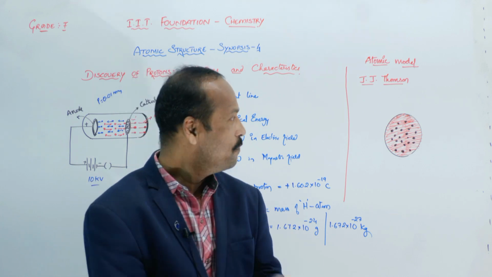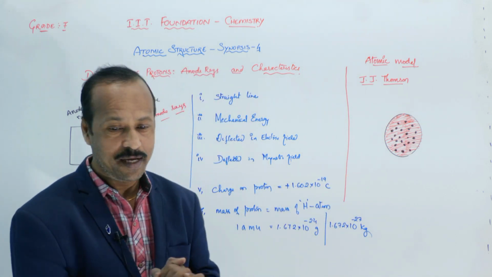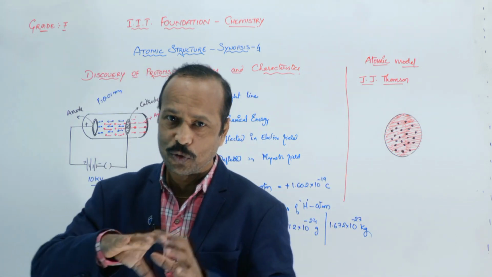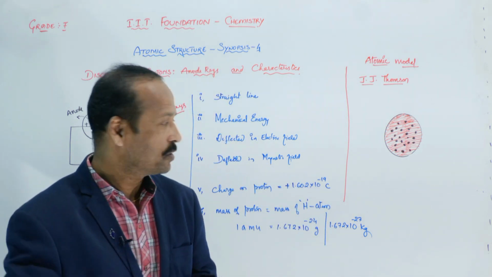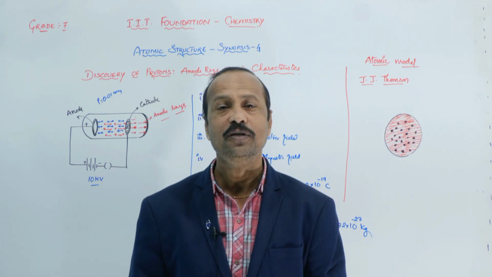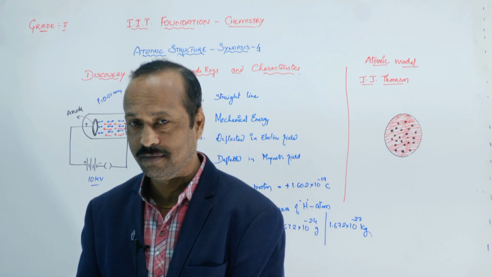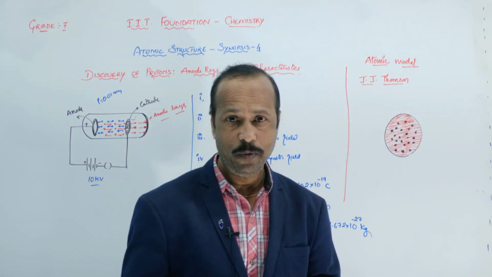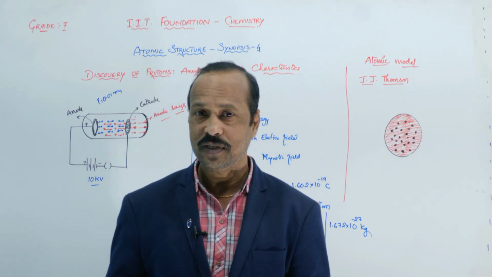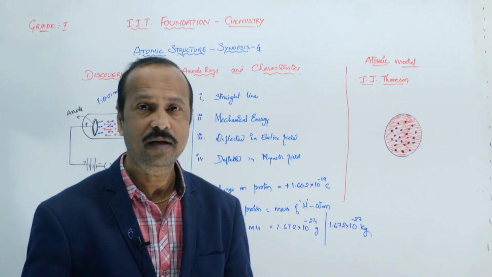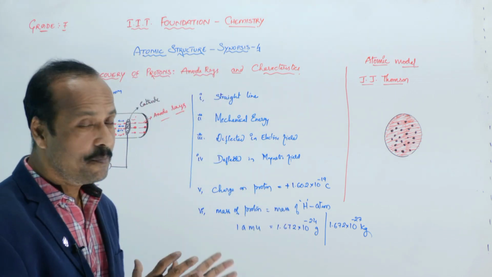Similarly, the atom is there, totally distributed with the positive charge, and in that, just as the dry fruits are present, electrons are present. So this is J. Thomson's atomic model. He was the first person to explain the structure of an atom. So which was the first atomic model? J. Thomson's atomic model, also called the watermelon model or plum pudding model.